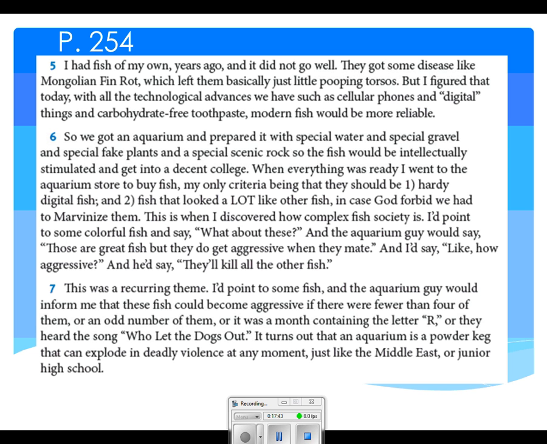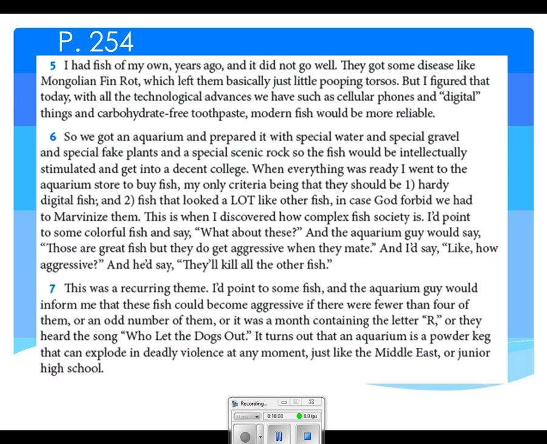I had fish of my own years ago, and it did not go well. They got some disease like Mongolian thin rot, which left them basically just little pooping torsos. But I figured that today, with all the technological advances we have, such as cellular phones and digital things and carbohydrate-free toothpaste, modern fish would be more reliable.